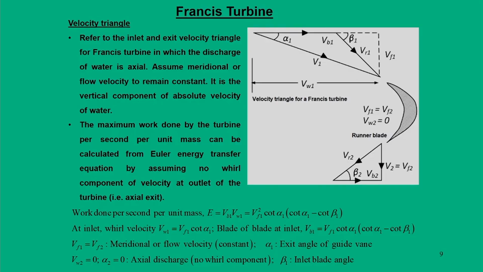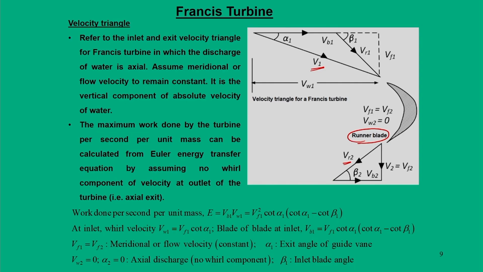What we see is one particular runner blade, and we have drawn these velocity diagrams. V1 stands for the absolute velocity of water that gets discharged from the guide vanes. This V1 comes from the guide vane, and this is your runner blade. Now, when the runner is also rotating, when the water gets discharged, we see its relative velocity VR2 getting discharged.